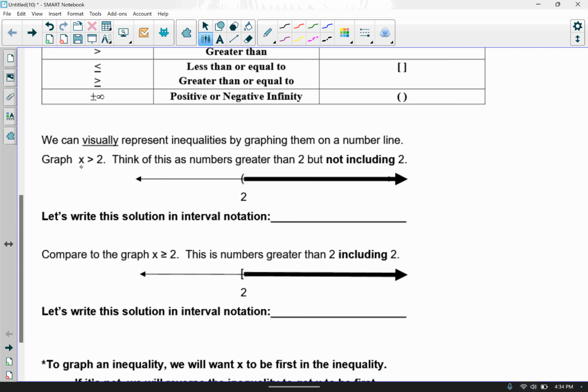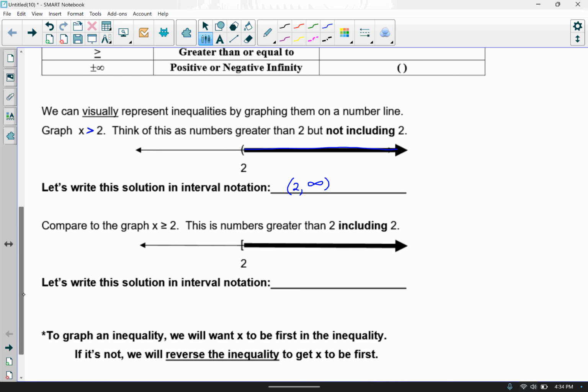And as long as your letter's on the left, I'll give you a trick for this: your inequality sign is pointing to the right, so we shade to the right. Now, if we're going to write this in interval notation, this graph starts at 2, and then it goes to the right forever, so hopefully you agree with me that's going to be positive infinity. Infinities always get parentheses, and because that's greater than, it also gets a parenthesis.